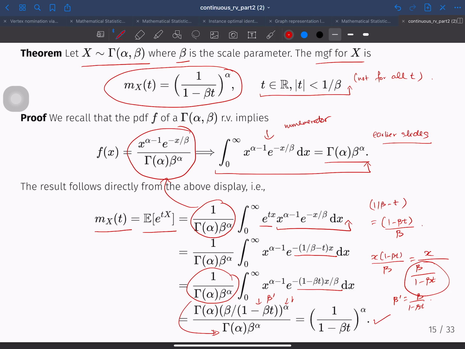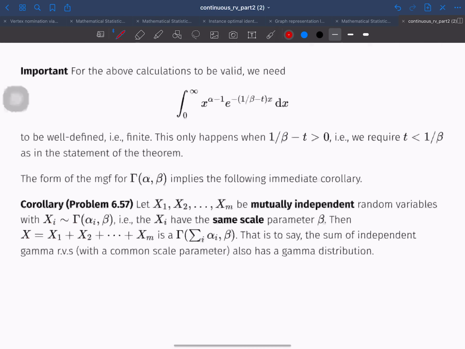So as we can see, the moment generating function for a gamma random variable turns out to be quite simple. The scale parameter appears here and the shape parameter appears in the exponent. So the reason why we require that absolute value of t is less than 1 over beta is simply that in order for this integral to be finite, we require that this exponent here has to be negative.